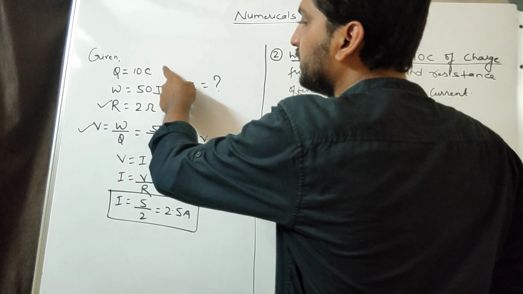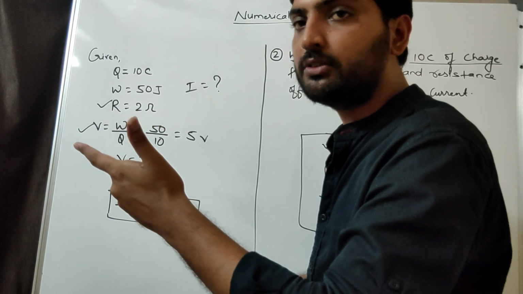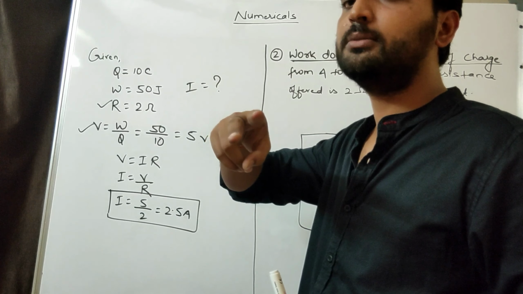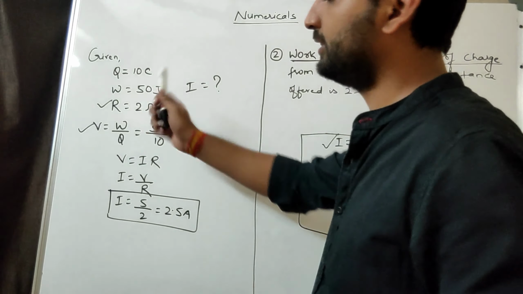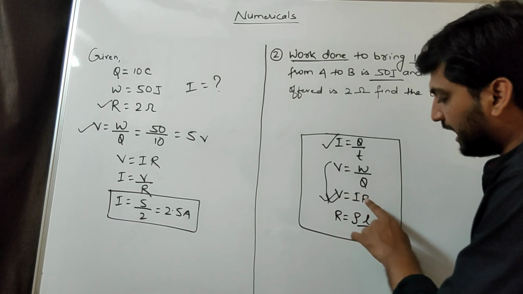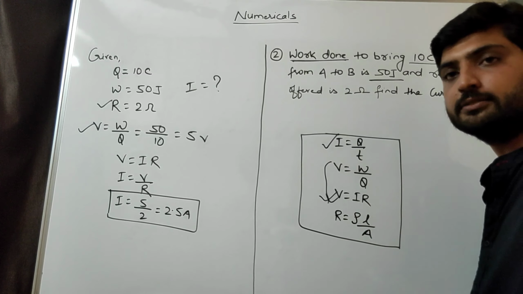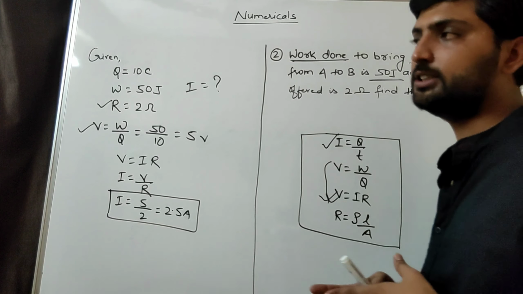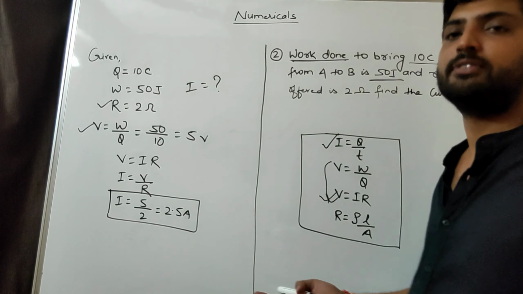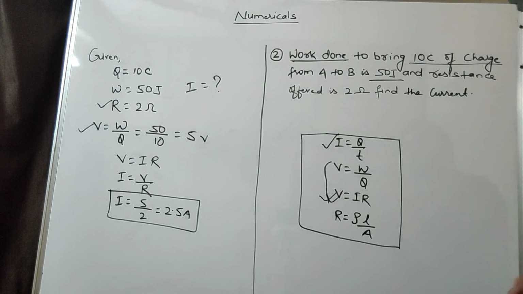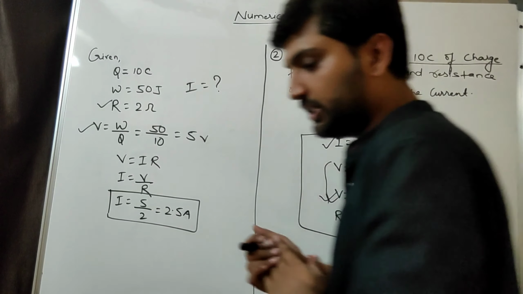Q and W are given, it means V is equal to W by Q. These two quantities together give us potential difference. Resistance is given, it means V is equal to IR. V is given, R is given, we can calculate I. If there is a relation of three quantities and two are known, then we can easily find the third quantity. So this was your second question. Write it down or take a screenshot of it.